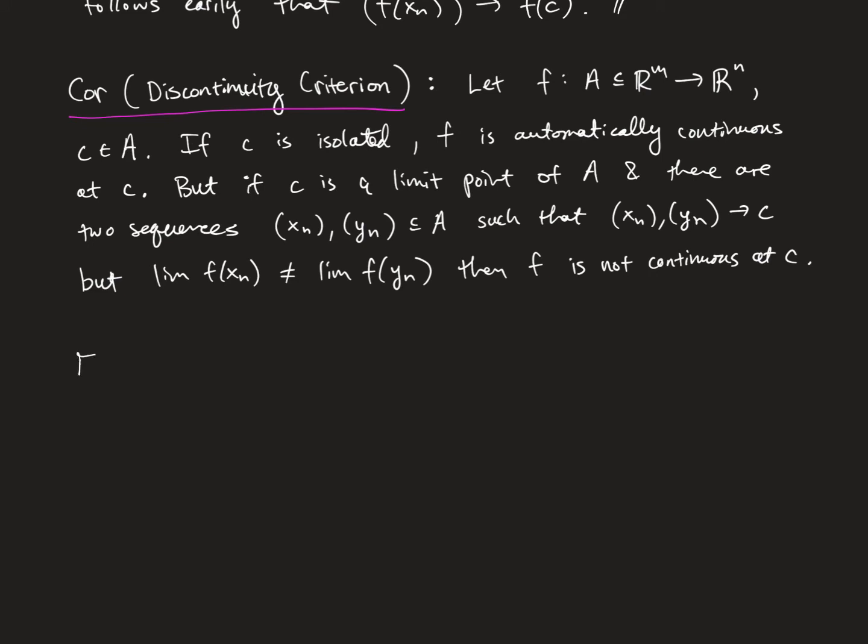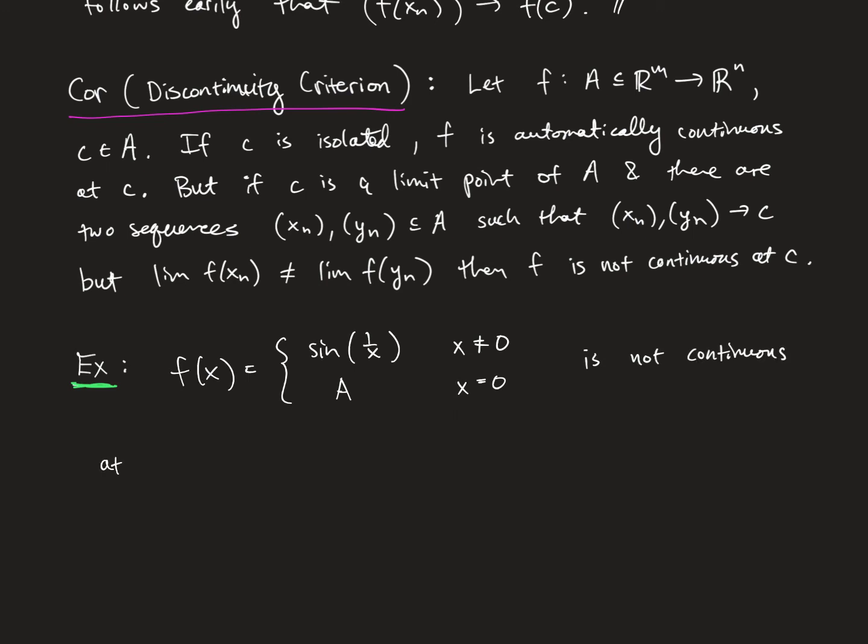So as examples, this follows from the examples at the end of the last lecture. If we define f of x to be sine of 1 over x when x is not equal to 0, and then let's say some number a when x equals 0, this is not continuous at x equals 0 for any a.